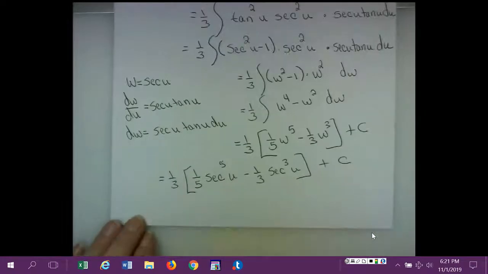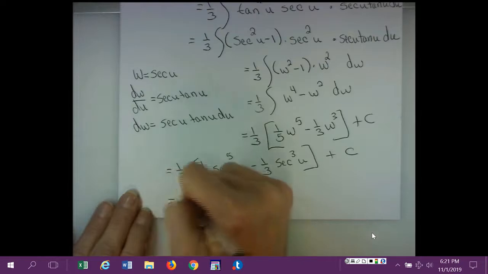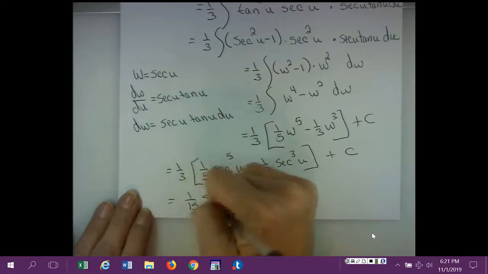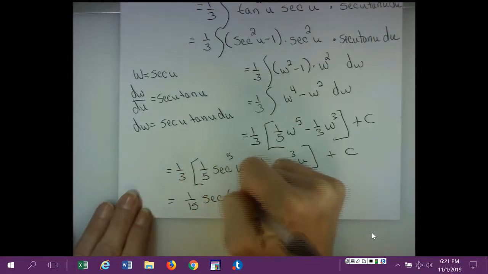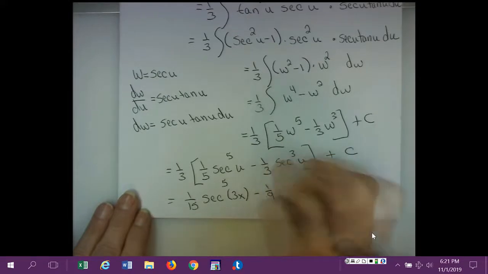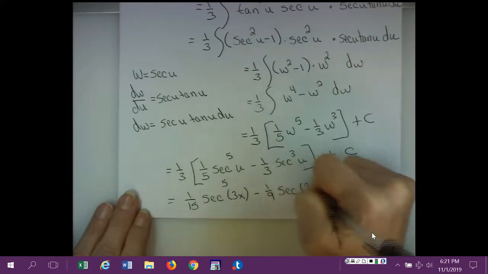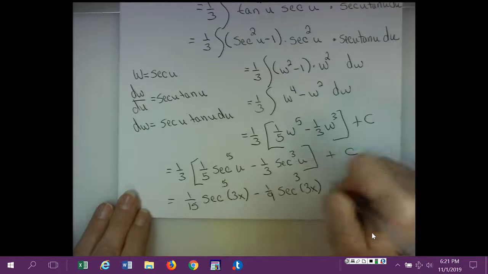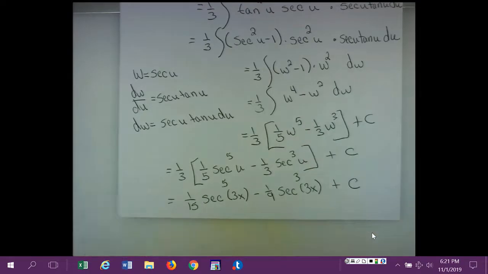I think in the next step I'll go ahead and distribute the 1/3 to both of those, and at the same time I'll substitute in for u, and u was originally 3x, so that's 1/15 secant of 3x to the 5th power minus 1/9 secant of 3x cubed plus c. So there's your final answer for the problem all the way back in x.